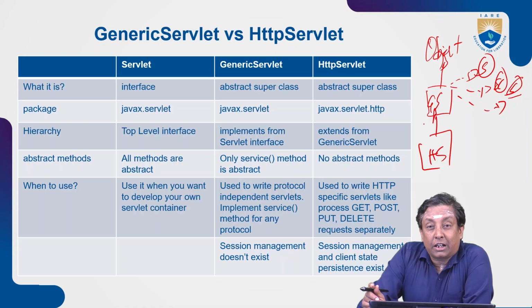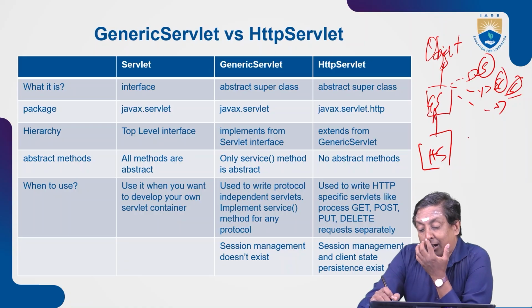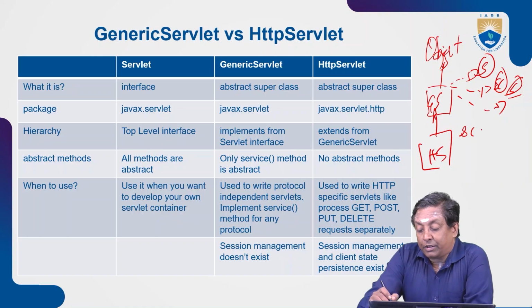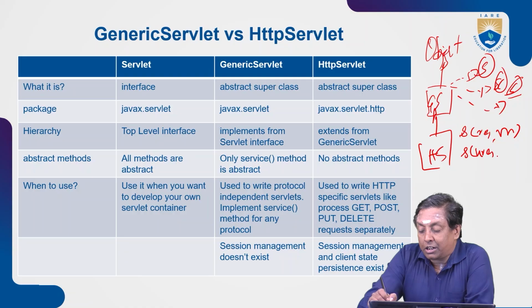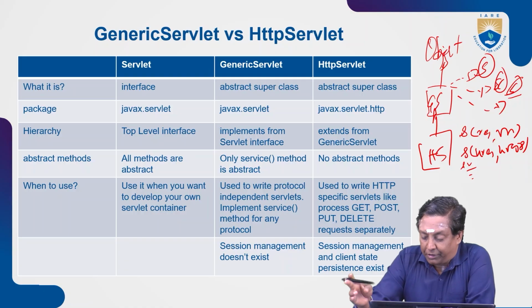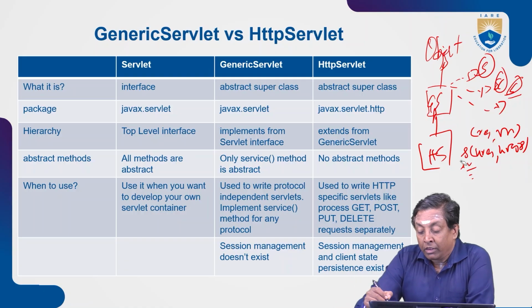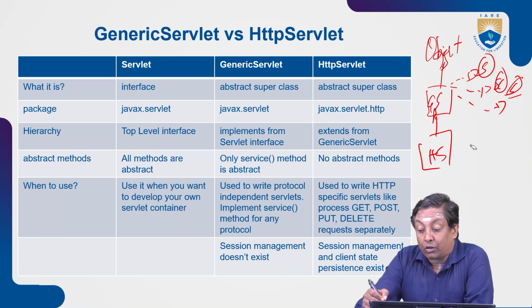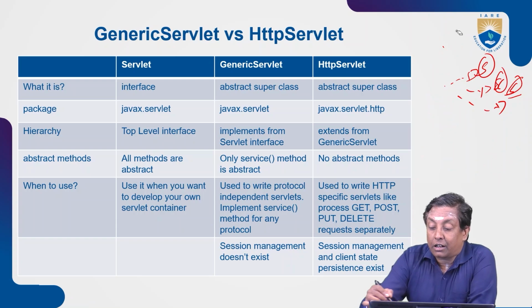HTTPServlet is derived from GenericServlet. This HTTPServlet has the same service method with ServletRequest and ServletResponse objects as arguments, and a service method with HttpServletRequest and HttpServletResponse objects as arguments. It also has doGet, doPost, doPut, doDelete, doHead, doOptions, doTrace, and maybe doPatch, something new introduced recently. So seven to eight HTTP protocol callback methods exist in HTTPServlet.